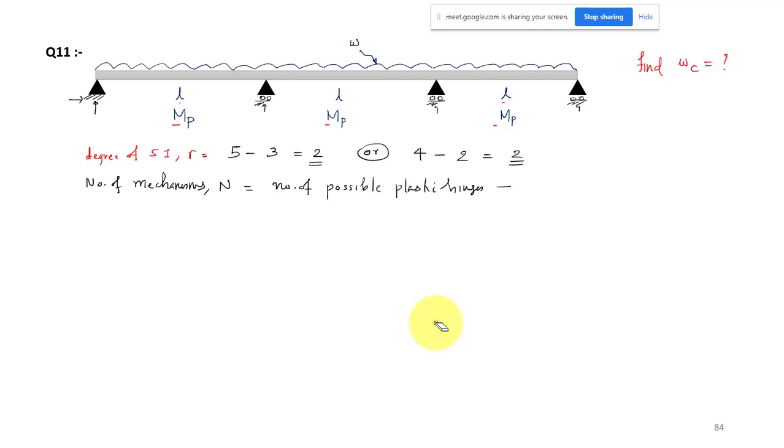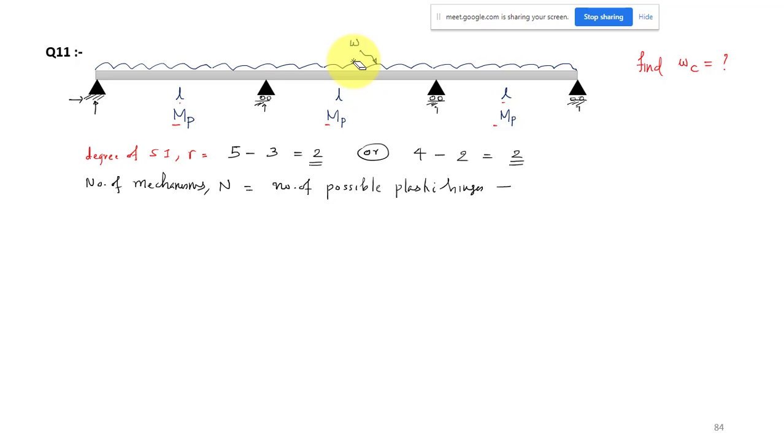So the procedure: first you find the degree of static indeterminacy. Next you find the number of mechanisms possible in this structure, meaning how many modes of failure may be possible. After that we will find out the collapse load and the failure mode, how your structure is going to fail.